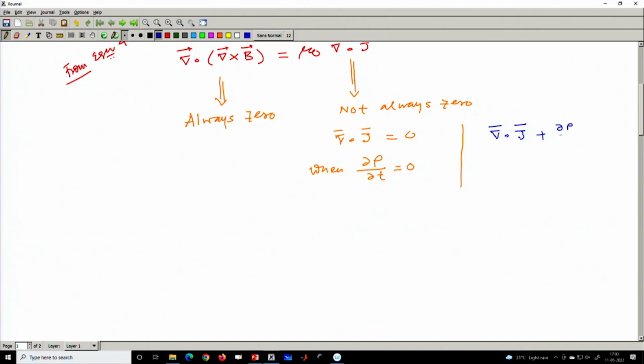So, they are not independent, rather they are related by this equation. The divergence of J being 0 eventually means del rho by del t is 0. Now, obviously some modification is required. So, Maxwell made this modification, and today we are going to discuss this.